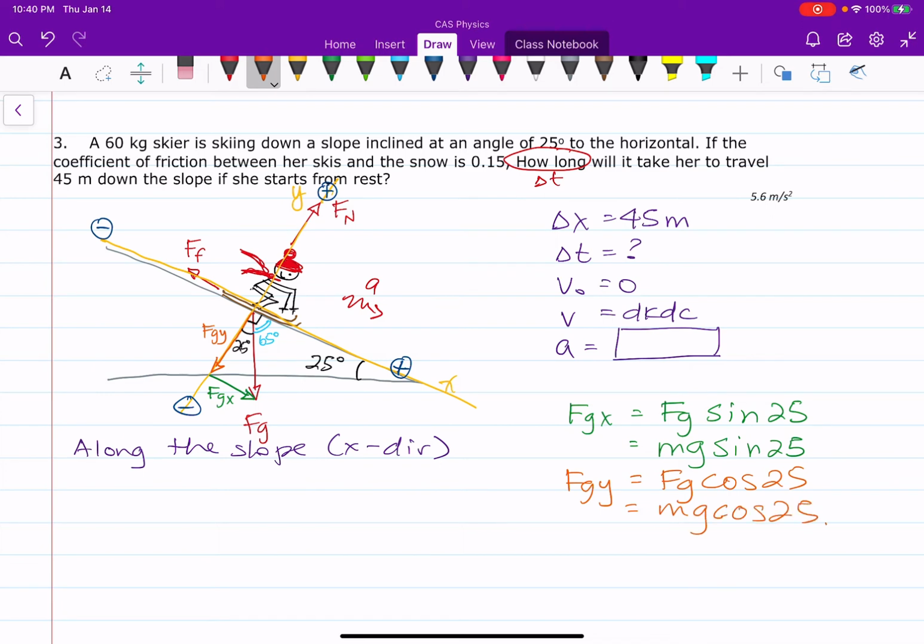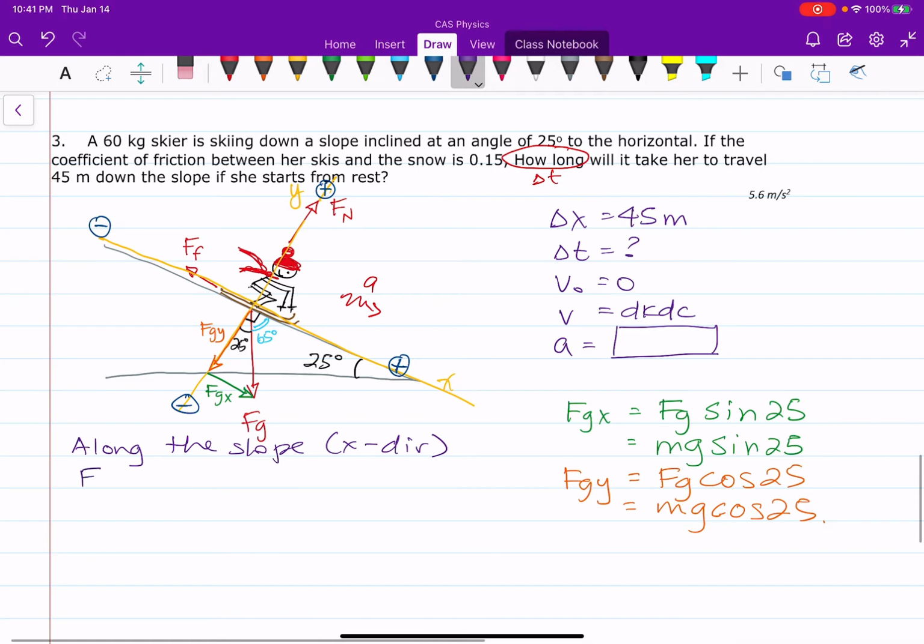All right, so we put that in. Let's go back to this analysis of the x-axis. We can see that the two forces acting along the slope are the x component of gravity, which is the force responsible for accelerating her down the slope, and the force of friction. So F net equals the sum of the forces in the x direction, which equals ma.